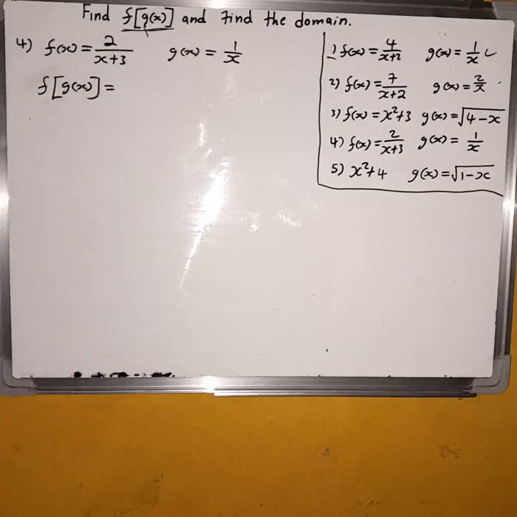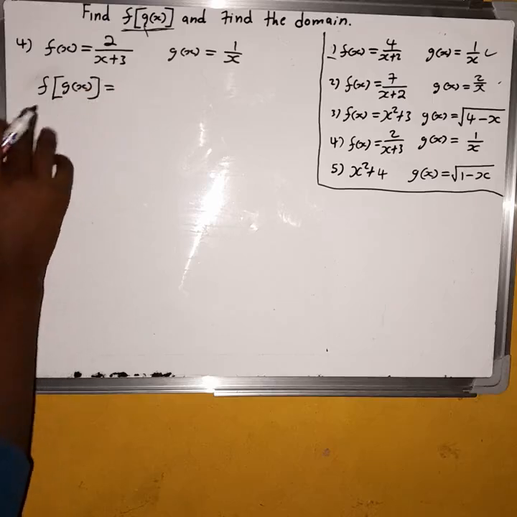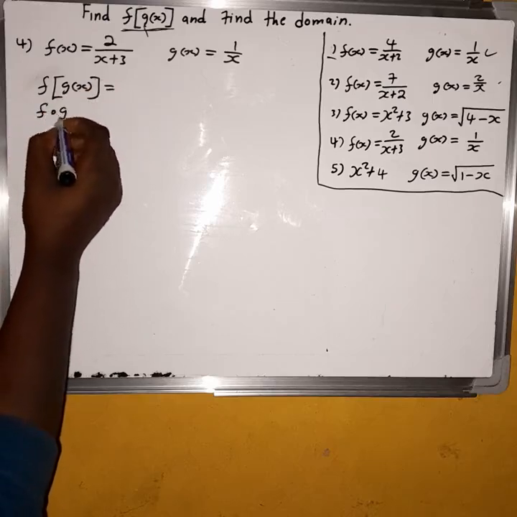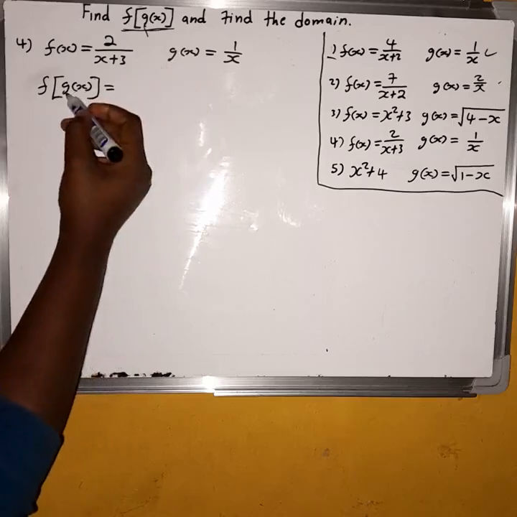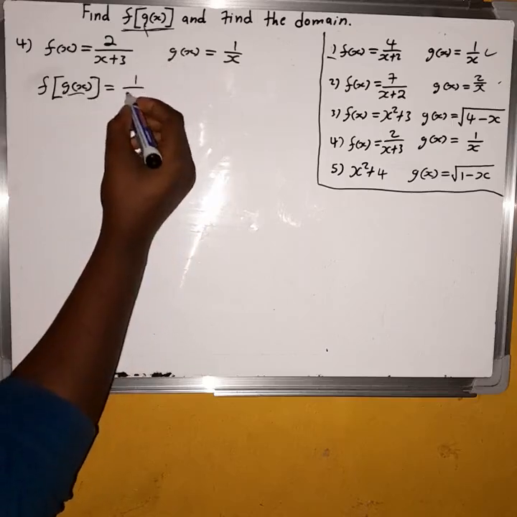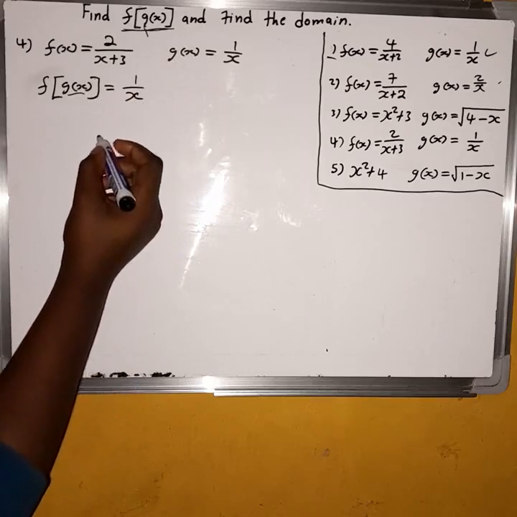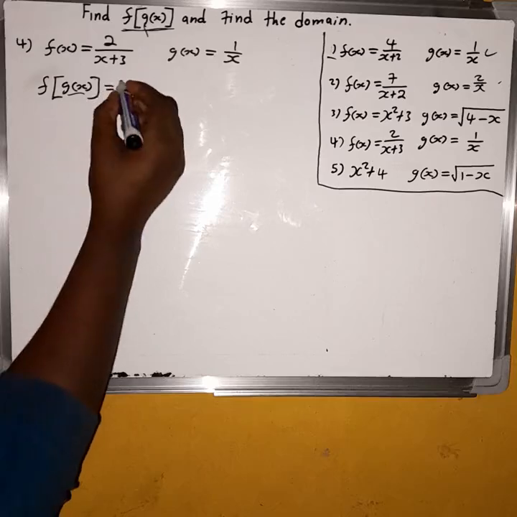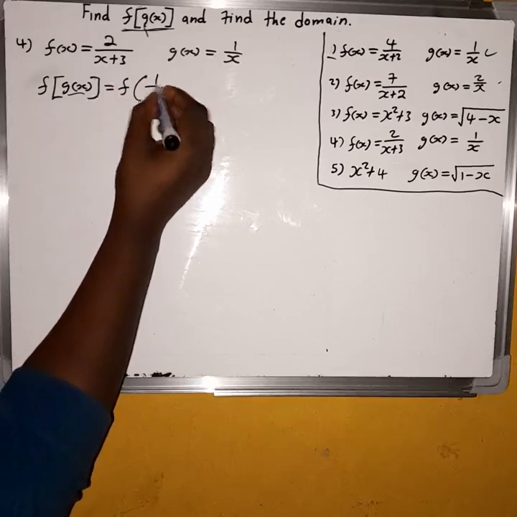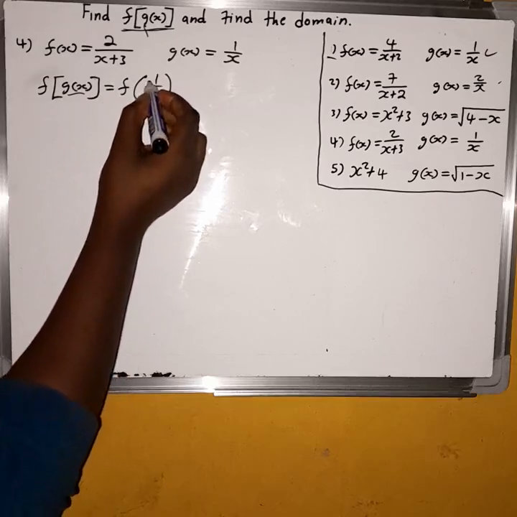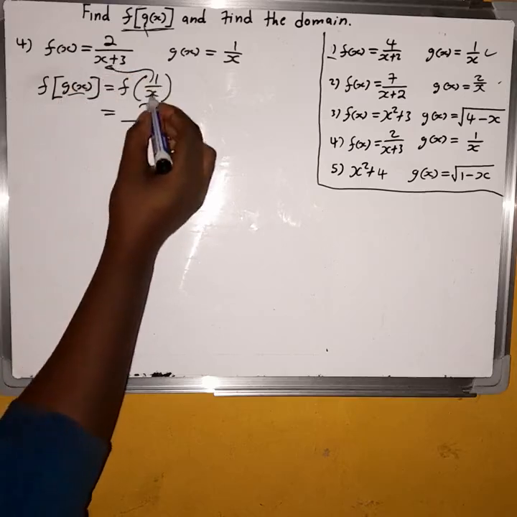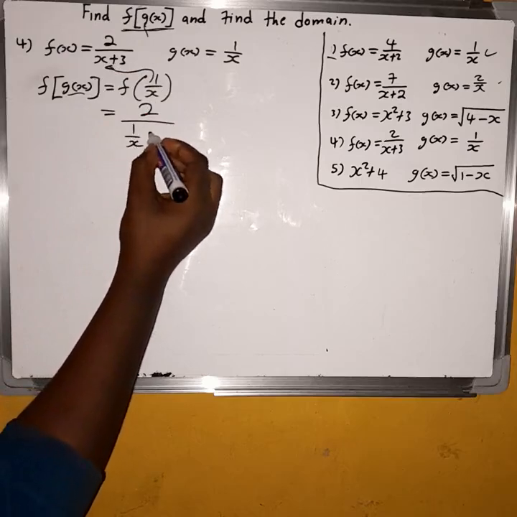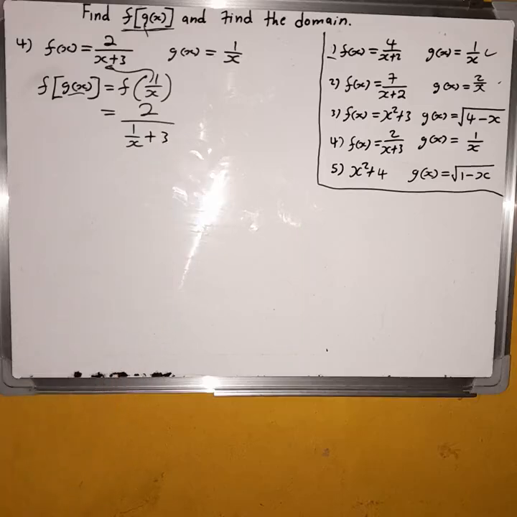Here we substitute g of x, we have 1 over x, right? Then f of 1 over x, substitute this here, then we'll have 2 over 1 over x plus 3, right?